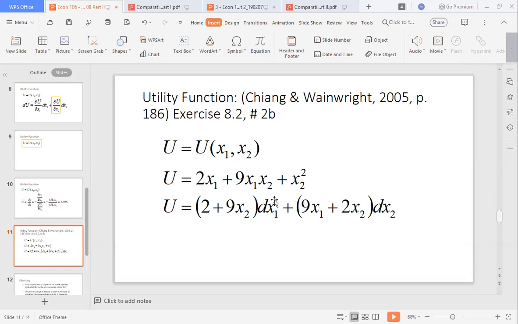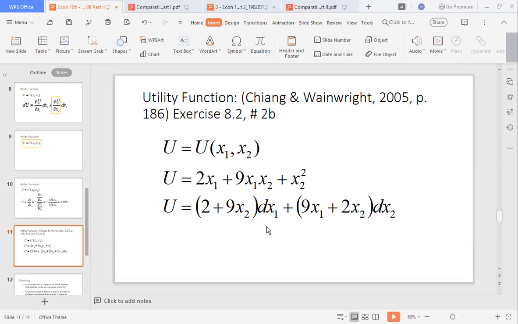Again, class, this is total differential, so you need to include the changes of these two variables. So that's dx1 plus 9x sub 1 plus 2x sub 2 multiplied by the change of your x sub 2, which is dx sub 2.